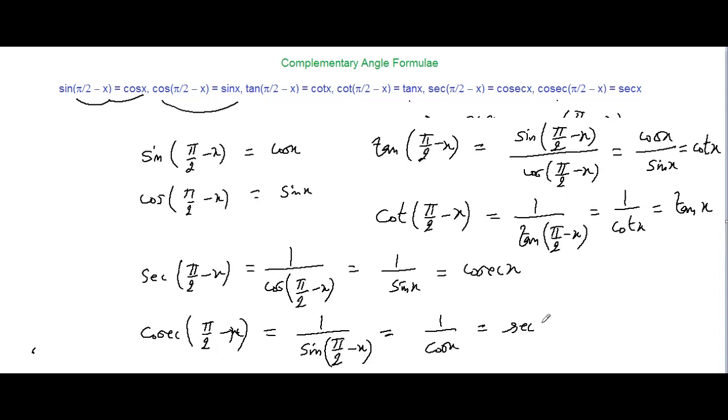This is secant x. So all formulae have been proved. Tan also, cot also, secant also, cosec also, right? Sir, yes. So I am closing this screen and I will take a little time to open the next page.